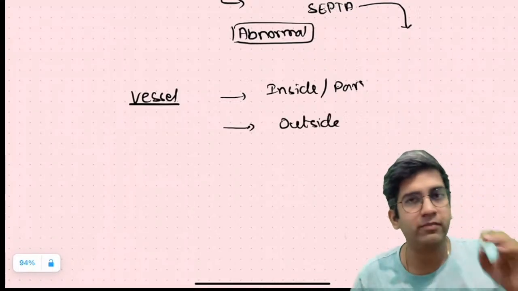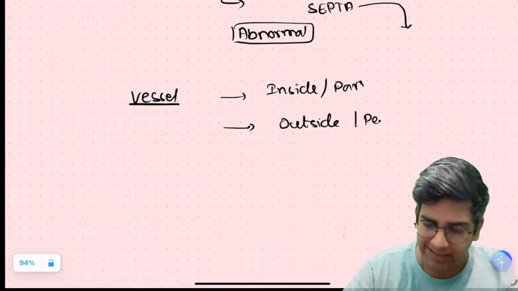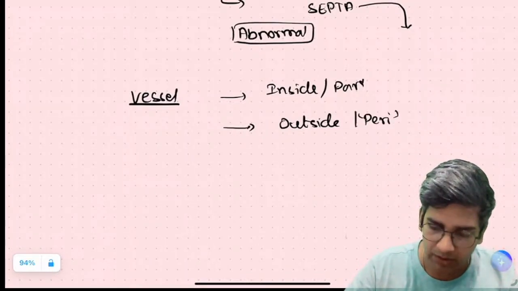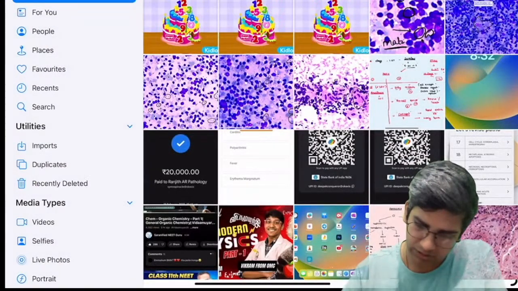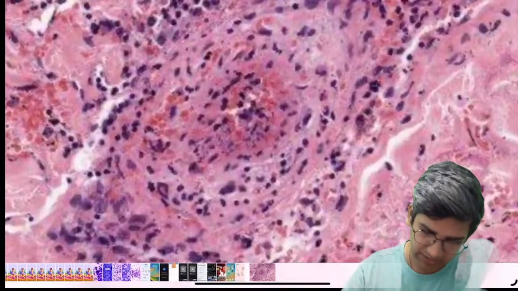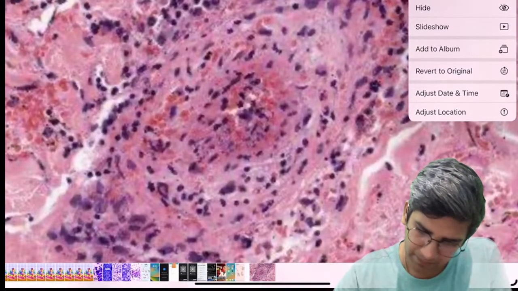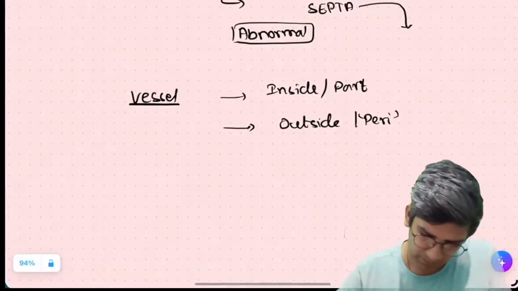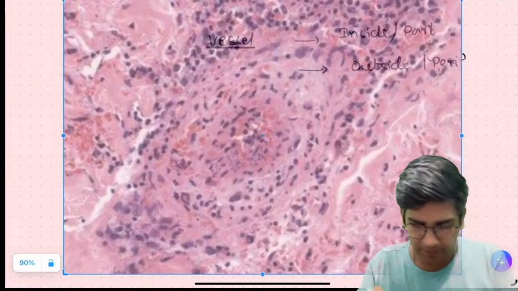Is the problem in the vessel or is it a perivascular problem? When I say outside, it is a perivascular problem. What do you think it is? Let's see if I can take an image of that. Okay, perfect.